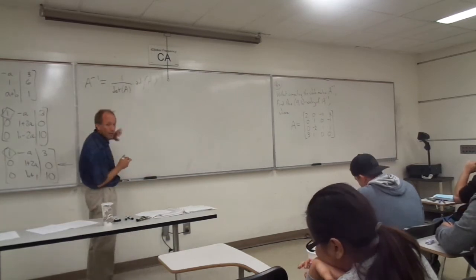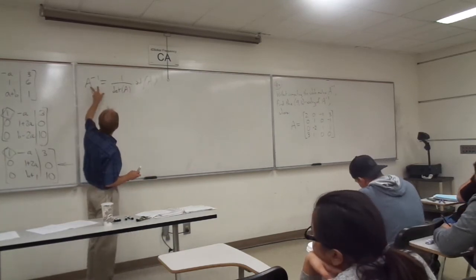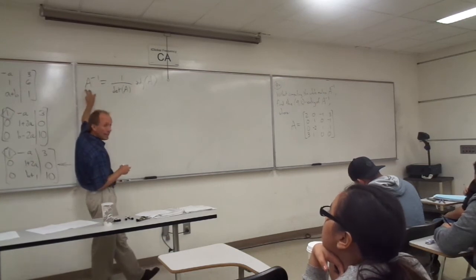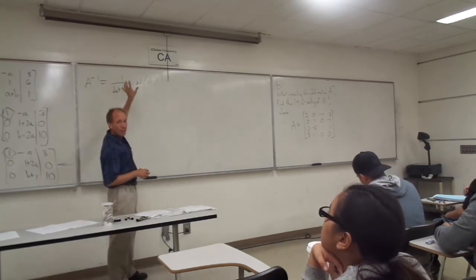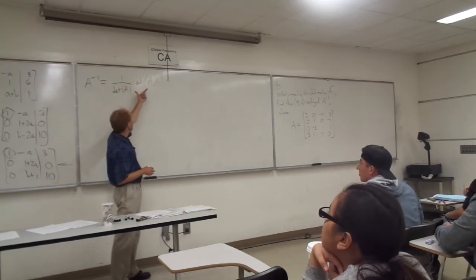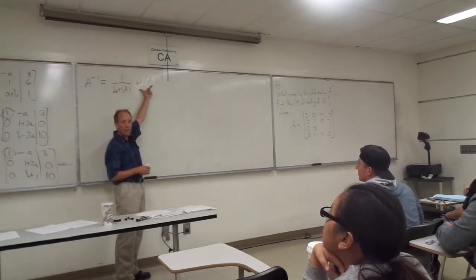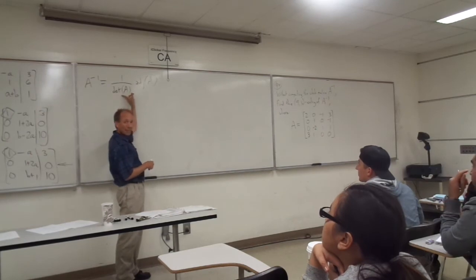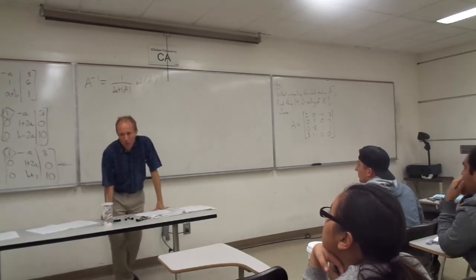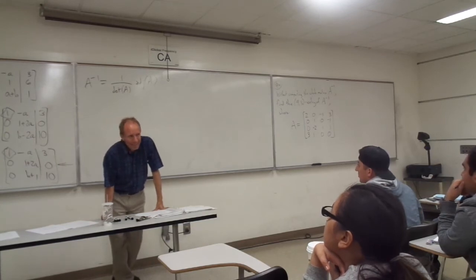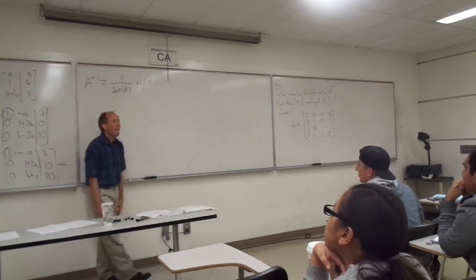So here's the thing. If I want the 4-3 entry of this matrix, would you agree that I basically have to find the 4-3 entry of the adjoint and divide by the determinant? And what is the 4-3 entry of the adjoint matrix?